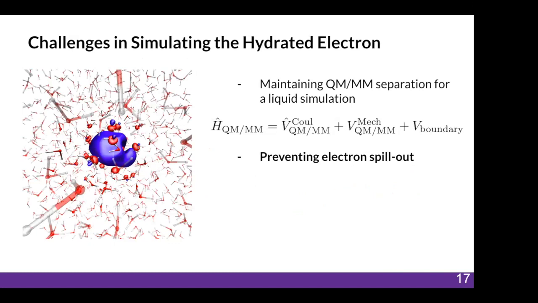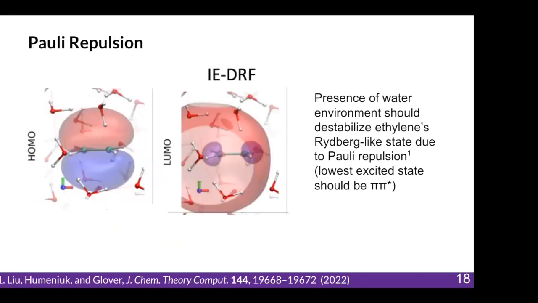Having addressed the problem of maintaining QM/MM separation, we now talk about a particular challenge in general with QM/MM and diffuse electronic states that you're going to run across, and that is the problem of preventing electron spillout. So to introduce the origin of the problem of electron spillout, it really requires us to talk about Pauli repulsion.